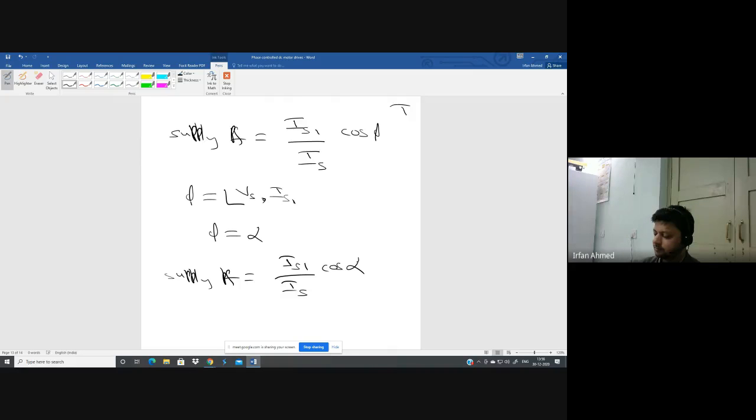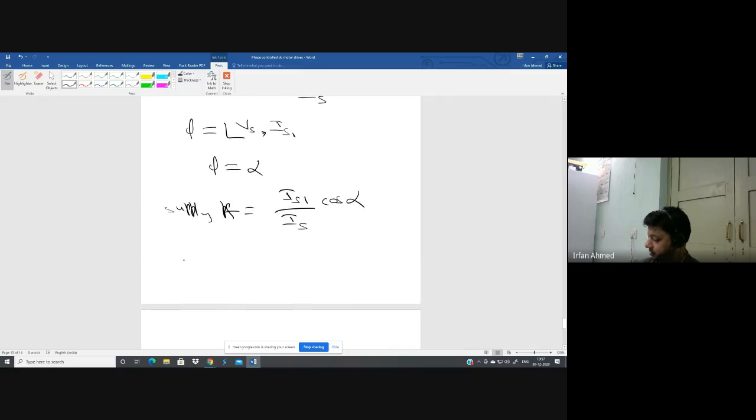If you assume that the inductance is so high that your output current is constant, then this IS1, I think, is 2 root 2 I0 upon pi, and IS will be equal to I0. So I0 will get cancelled. So the supply power factor will become 2 root 2 upon pi into cos alpha, only when the load current is constant.